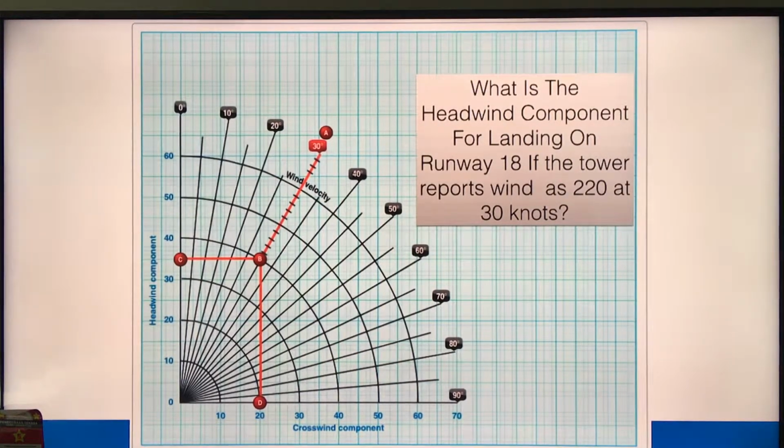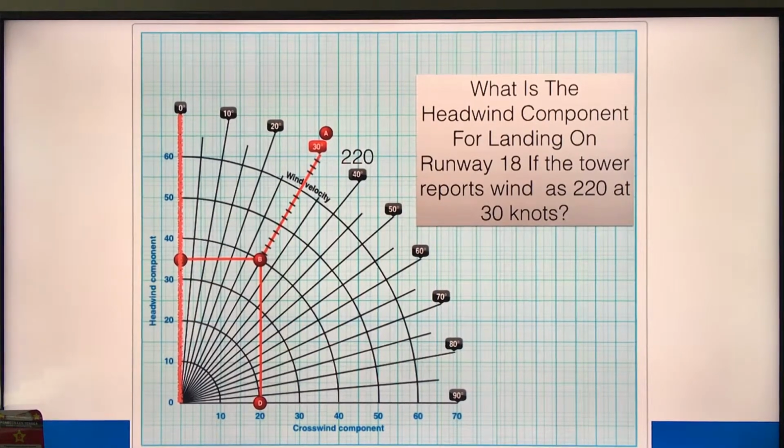So let's pretend now that runway 18 is that 0 degree mark on the far left side that you see there. Now what we need to do is count off how far off is the wind from the runway. So that would be 190, there's 200, 30 degrees is 210, and 40 degrees is 220.